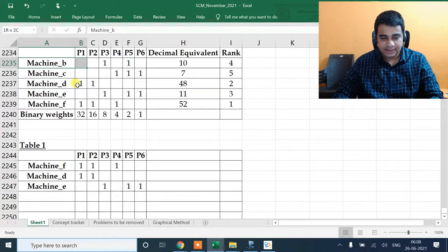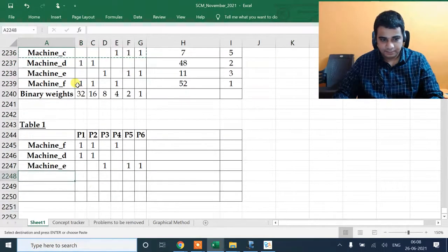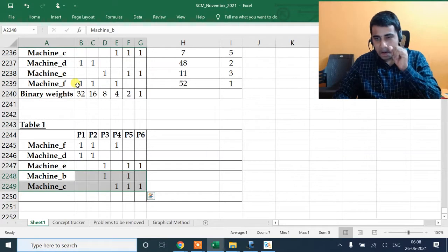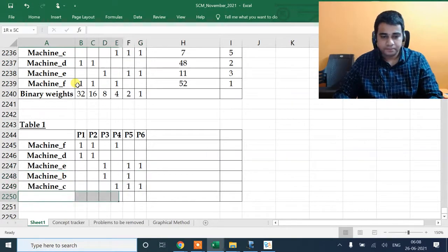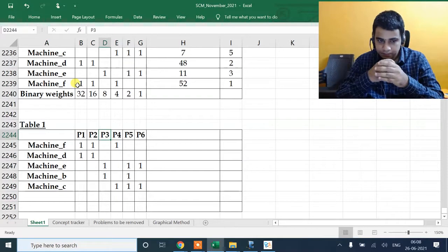Then it is B and C. I've rearranged them.